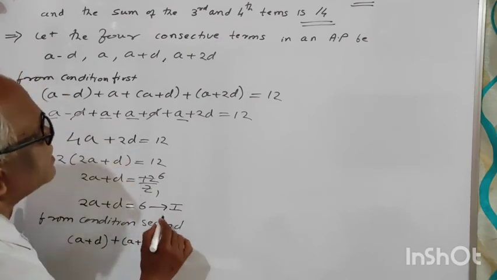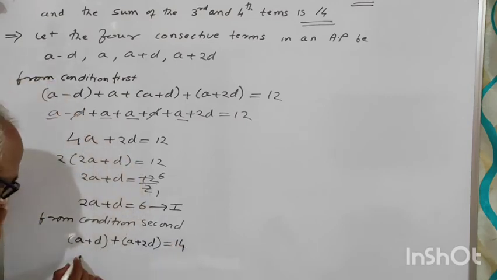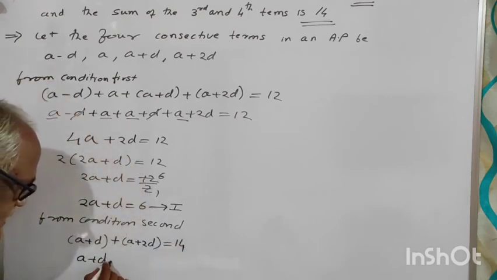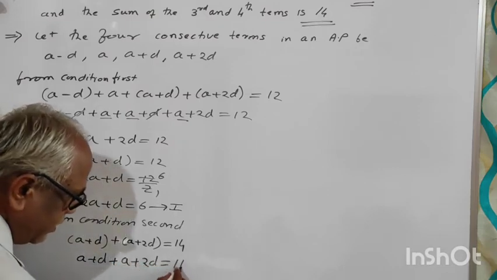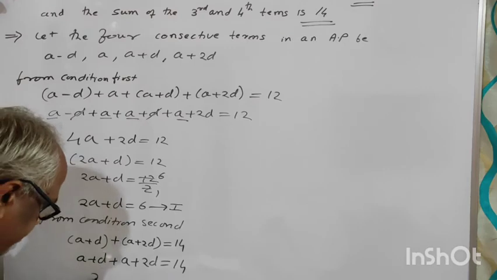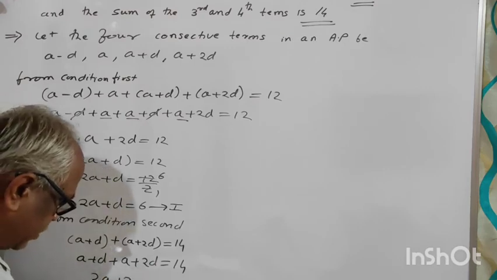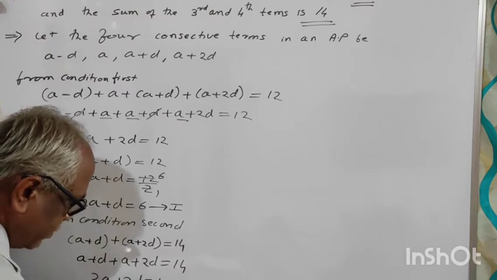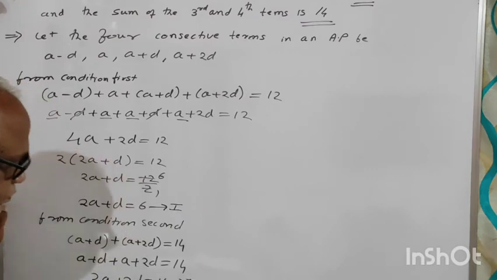The sum of this is equal to 14. So now solve here. a plus d plus a plus 2d is equal to 14. a plus a, 2a, d plus 2d, that is 3d, is equal to 14. This is equation number 2.